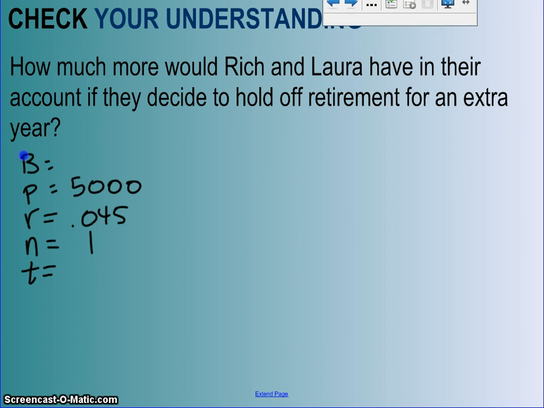The only thing that's going to change in this equation is the time. Instead of retiring at 65, Rich and Laura are now going to retire at 66. So if I take that from now they're 45, I'm looking at 21 years instead of 20. Please press pause and try to complete this. When you're ready, press start, and we'll get back to it.